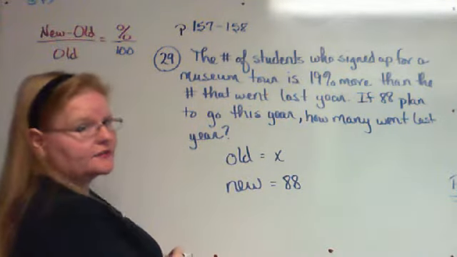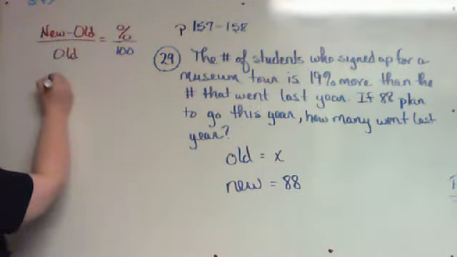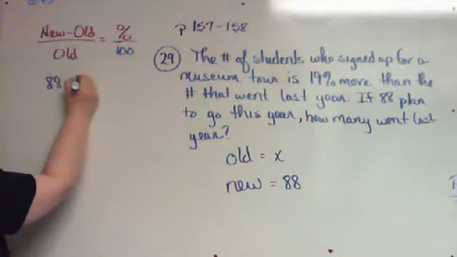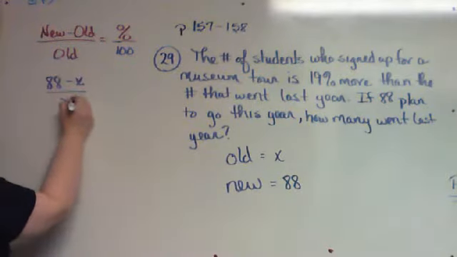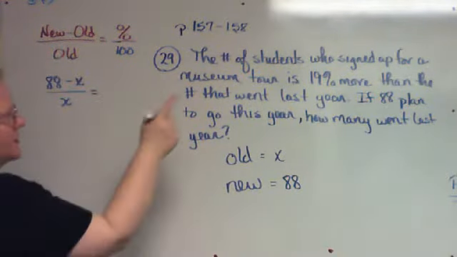So right now, it's X. Which means in my formula, I'm going to end up with 88 minus X over X is equal to, my percent is 19 over 100. So the math is really easy. It's getting it into the formula that's the hard part.